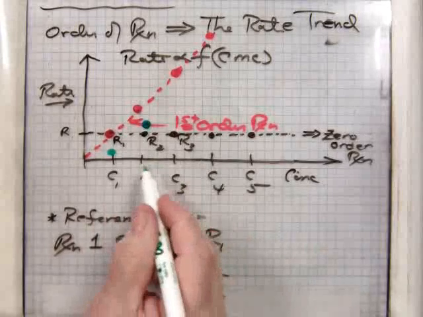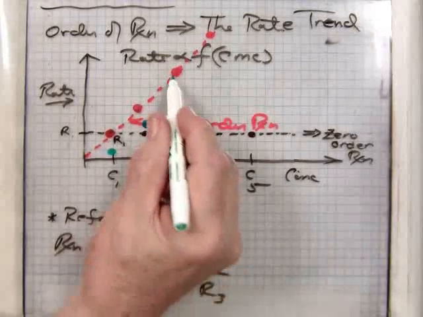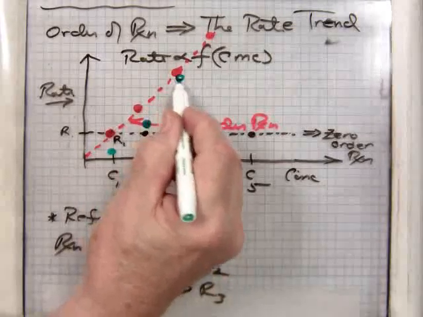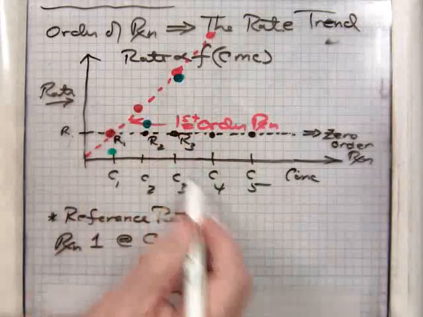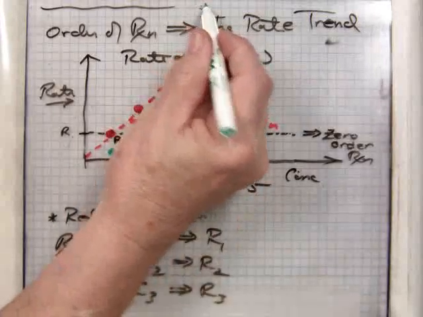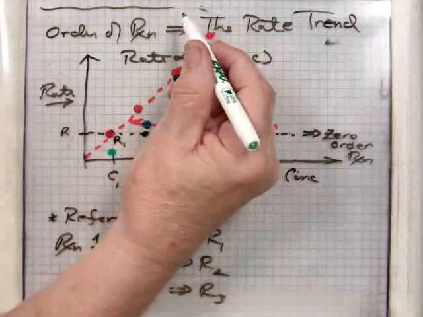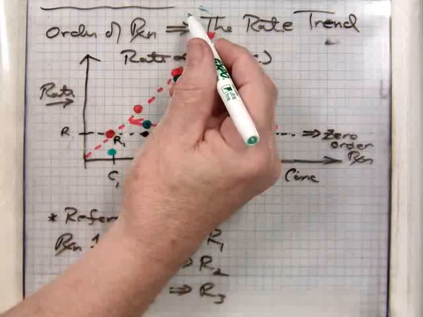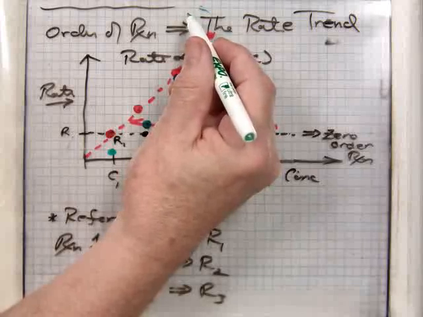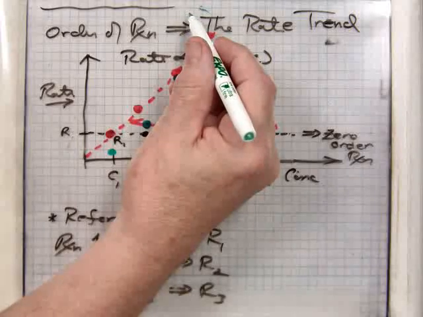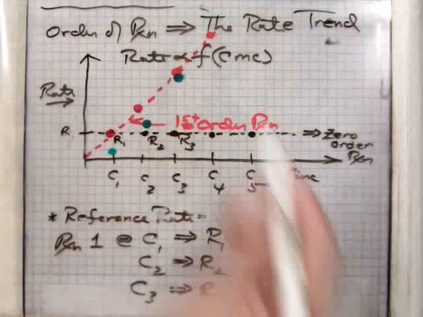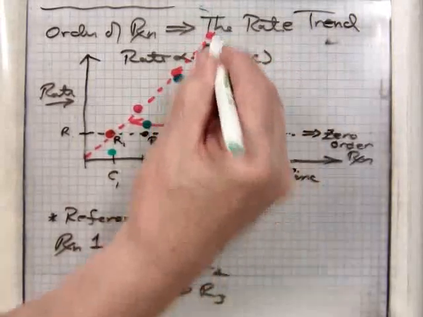Then I run it again with triple the concentration, and it's going to jump up 9 times, way up here. And then I quadruple, and it's going to go up 16 times.